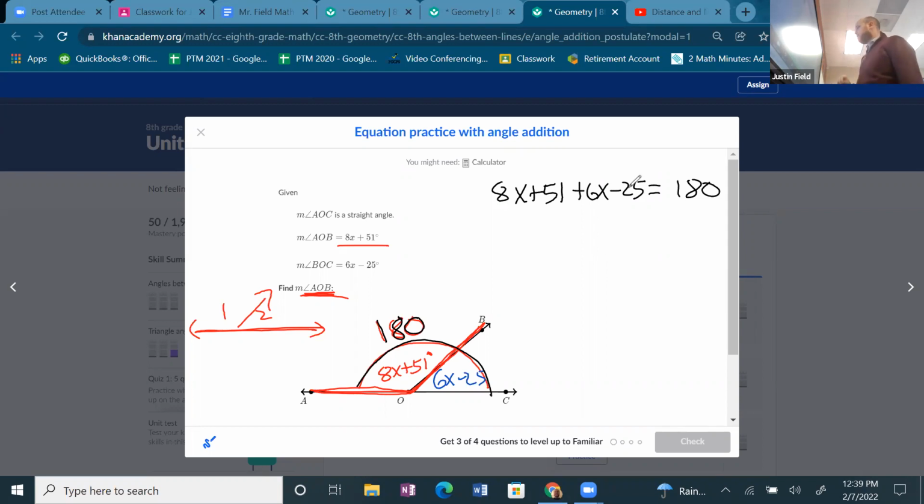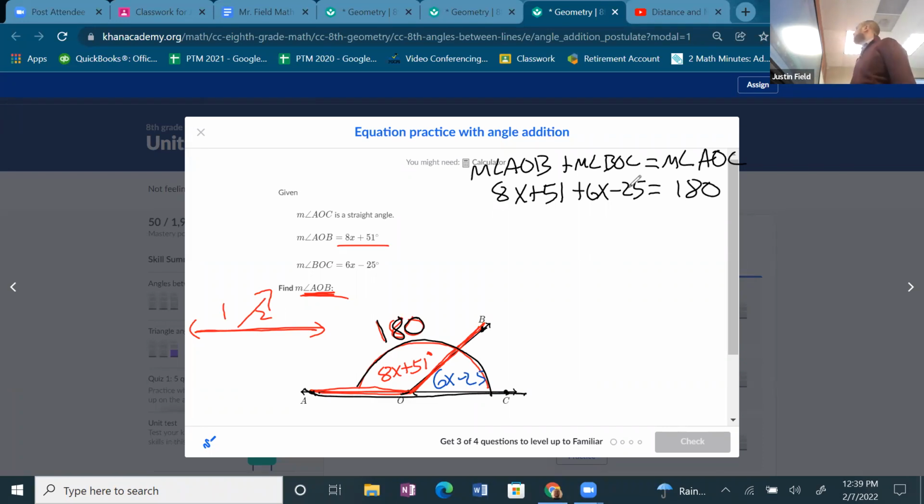Okay. The angle addition postulate says if you add the two parts together, the measure of angle AOB plus the measure of angle BOC, you get the measure of angle AOC, just going from AOB plus BOC equals AOC.